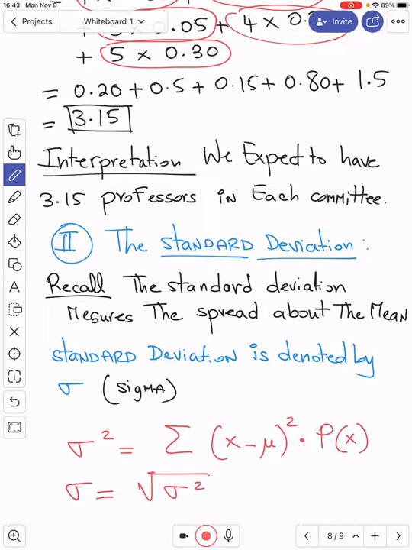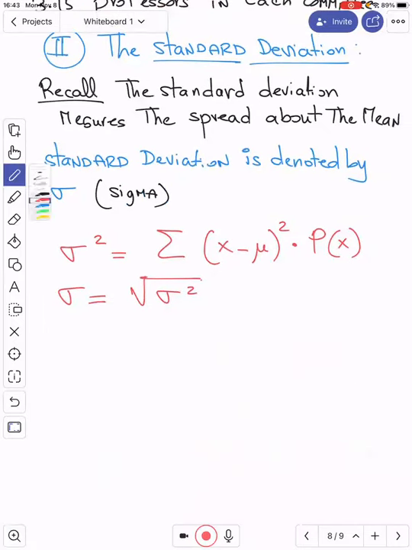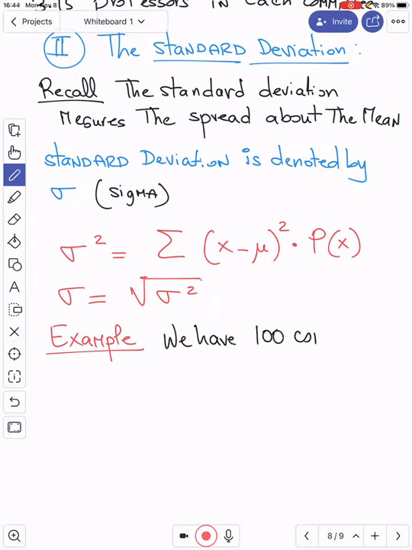As an example, guys, I'm gonna use the previous example. Again, we're gonna have this 100 communities, etc. We computed actually the mean.